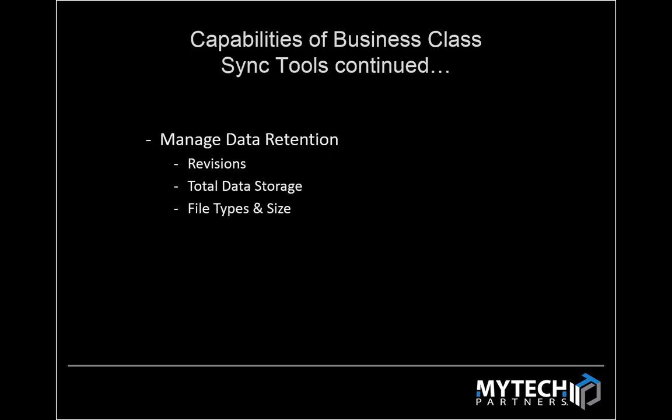Moving on to the next one, you should also be able to manage data retention. Storing information in the cloud or locally on your own server costs money, right? Because the more your data grows, the more it costs because it takes up more space. So there's ways that you should be able to manage the retention at a global level. How many revisions do you want to keep?